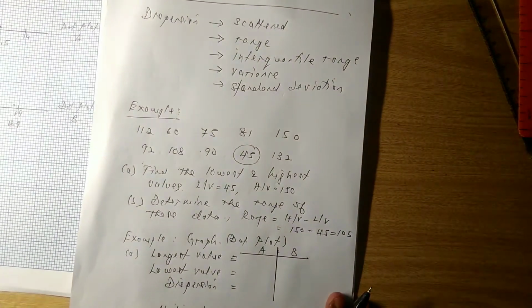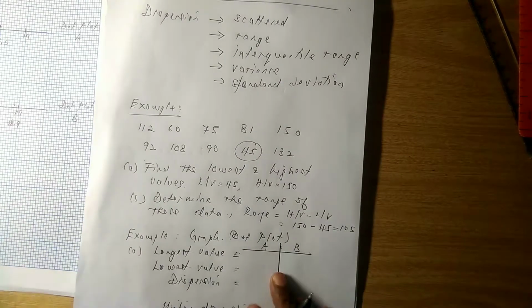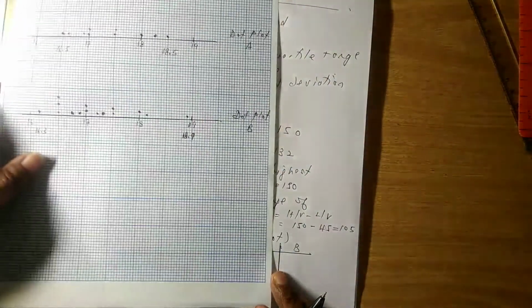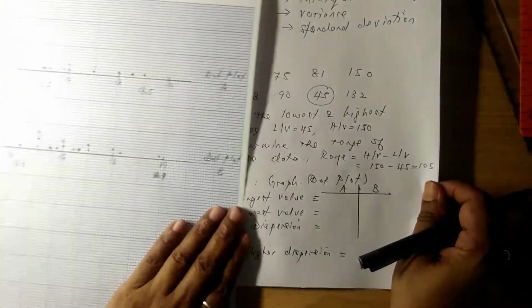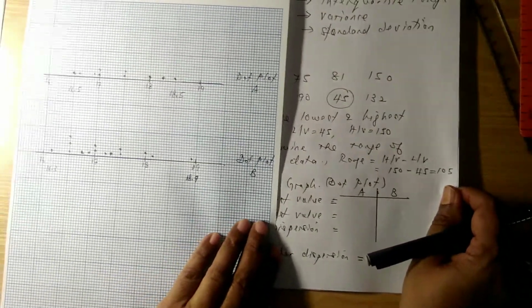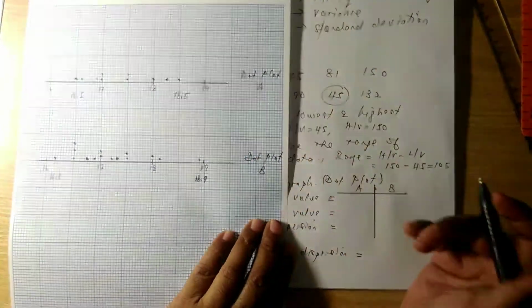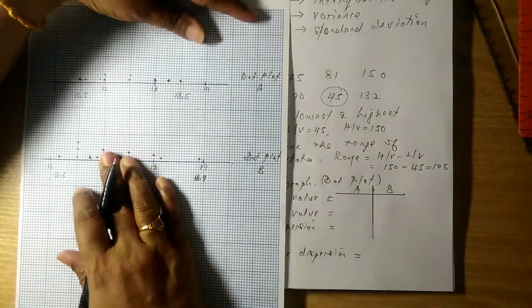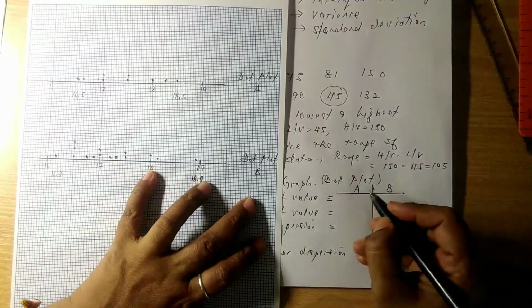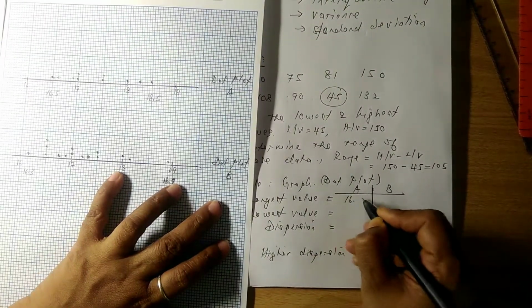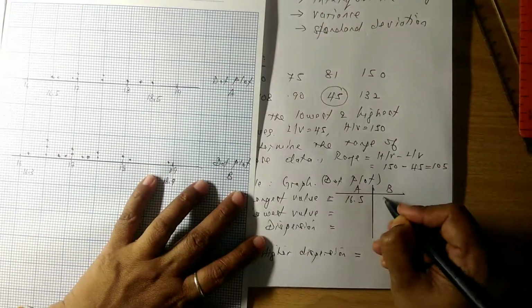Based on the graph just now, we have dot plot A and B. If I look for the lowest value for A, it was 16.5, and the highest was 18.5.